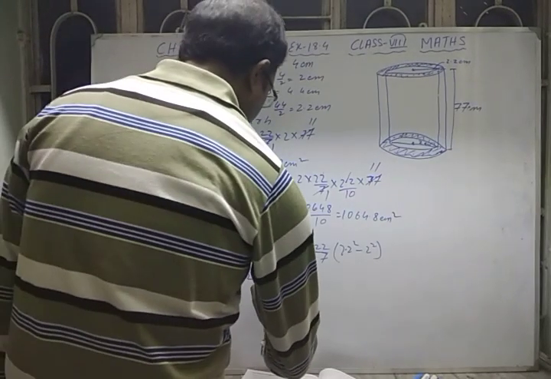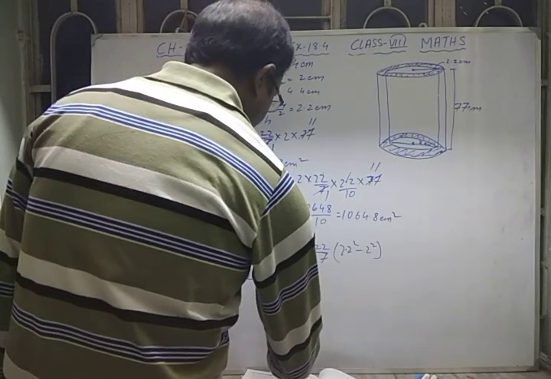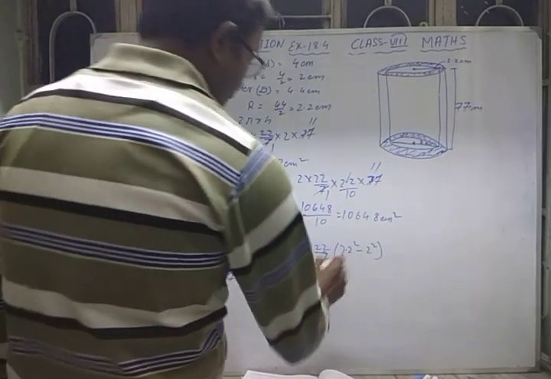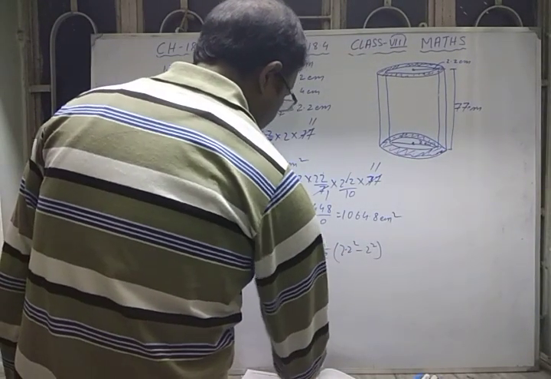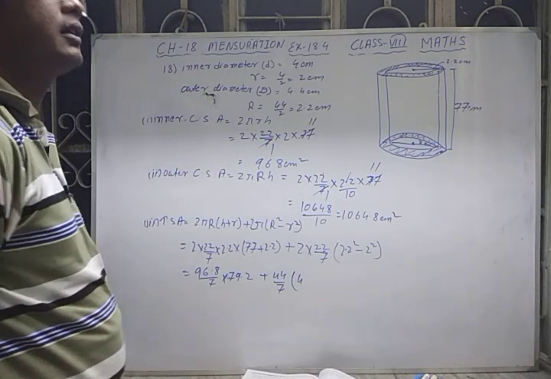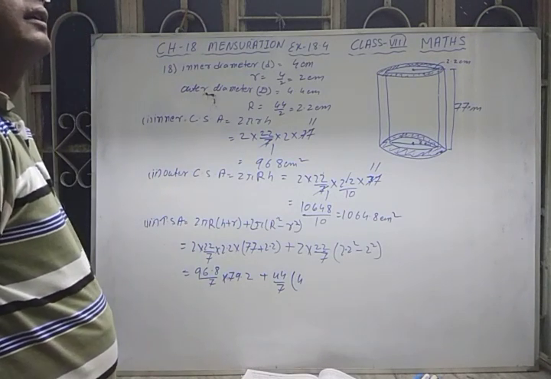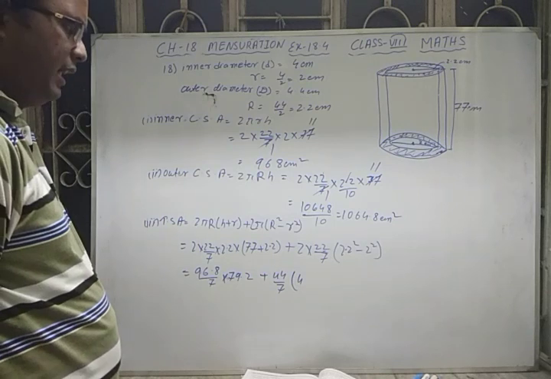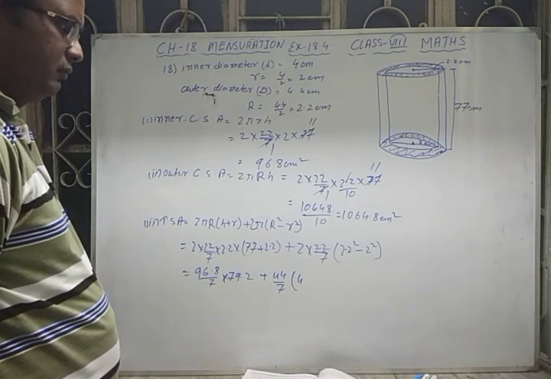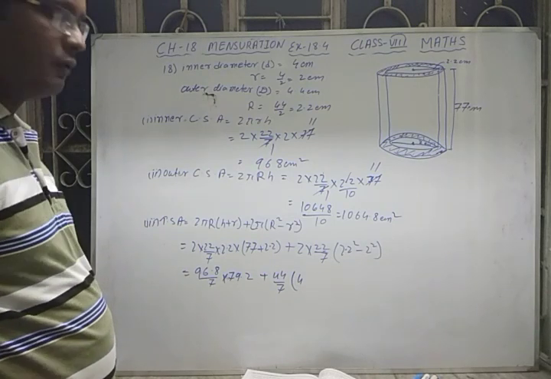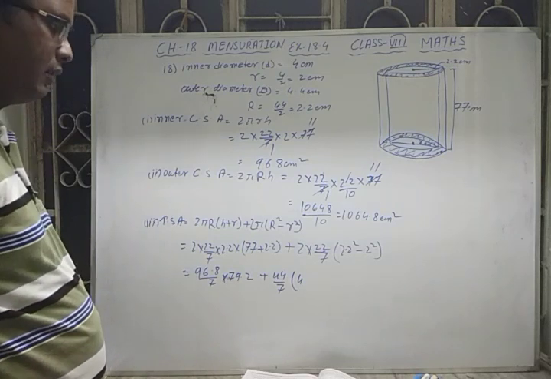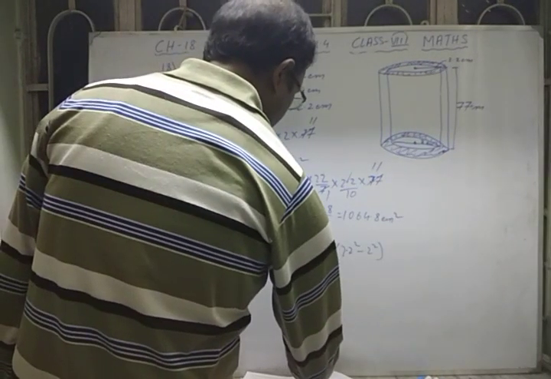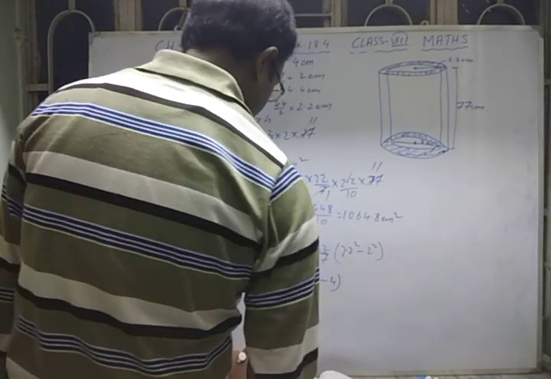Plus here 44 by 7, 2 into 22 is 44 by 7. 2.2 square means 4.84. 22 square is I think 484. Yes, 484. 22 square is 484, means 4.84. 4.84 minus 4.